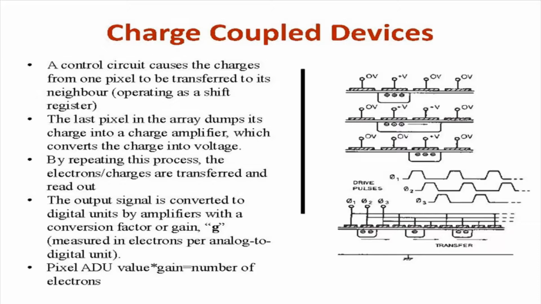What is of importance here is what we call the analog to digital unit, which is a reflection of the amount of electrons collected, which in turn is a reflection of the photons or the flux received from the astronomical source.